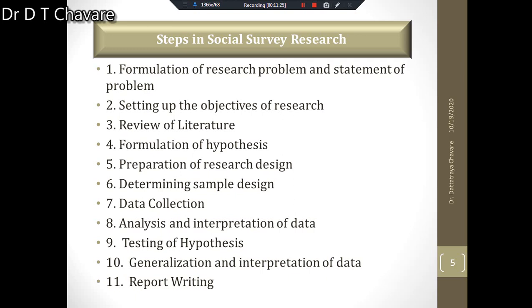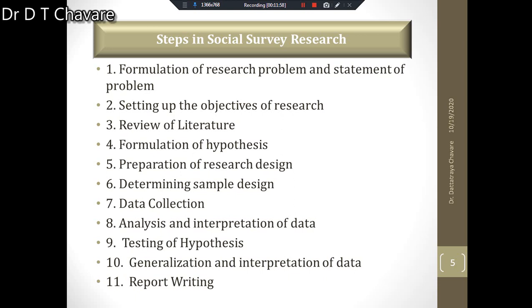What are the objectives, the findings, the conclusions, the suggestions; all such things you have to consider in the review of literature. This review of literature is also useful for our research, because we can identify a gap. We can identify the gap of the research with the help of review of literature. That's why this is the third step of the survey research.